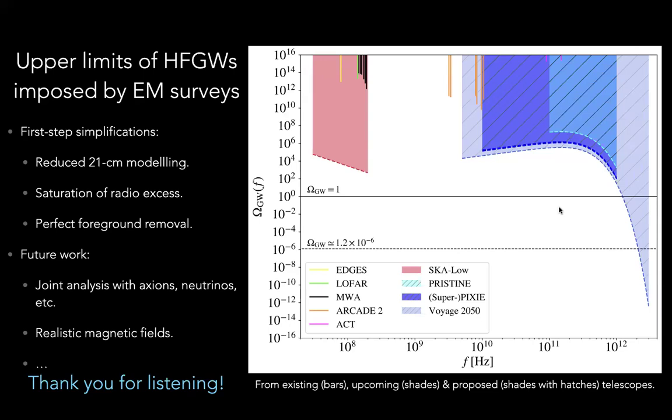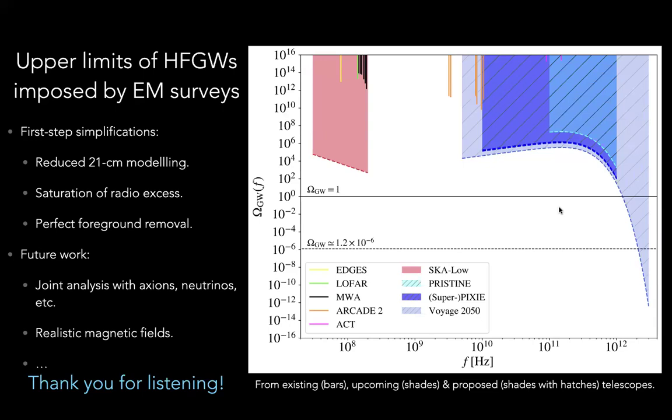We added one more parameter that indicates how much additional radio signal there can be due to the gravitons. So a full sampling of that model would require all of the 21 centimeter parameters plus that one from gravitons. But we didn't include all of the 21 centimeter model parameters.